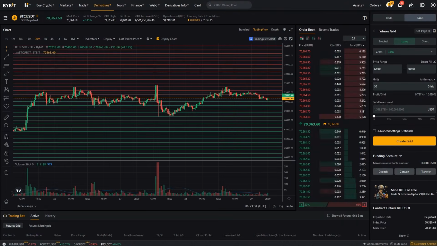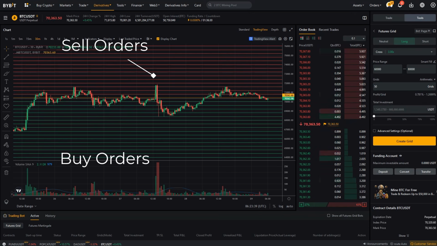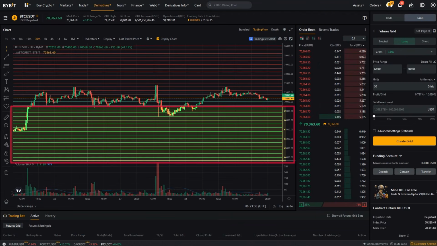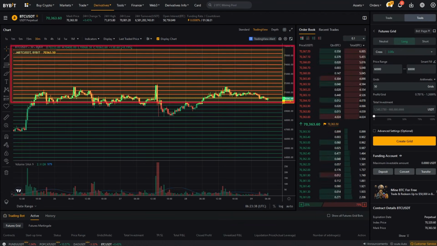A grid strategy is a type of trading strategy that aims to profit from the natural market volatility of an asset, for example a cryptocurrency, by placing buy and sell orders at regular intervals above and below the predefined base price. The grid in this context refers to the series of levels at which trades are triggered.